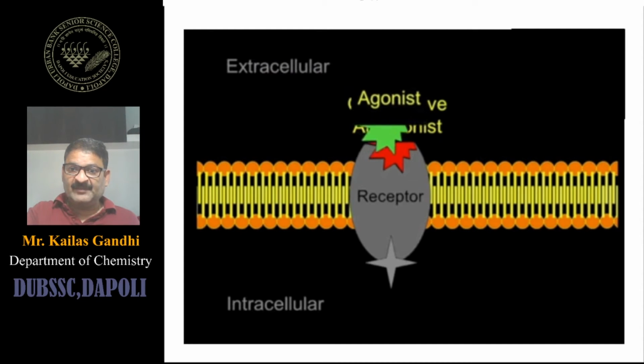The agonist comes, but it can't attach to the receptor, and the receptor can't get activated. It remains as it is. This type of antagonist is known as the competitive antagonist. Why competitive antagonist? Because it occupies the place where the agonist gets attached.